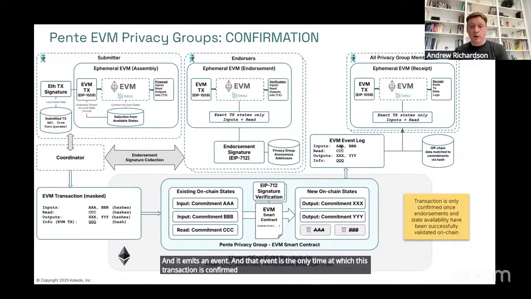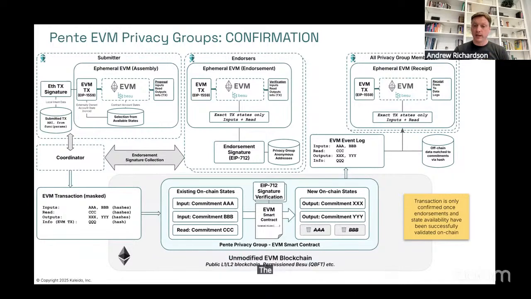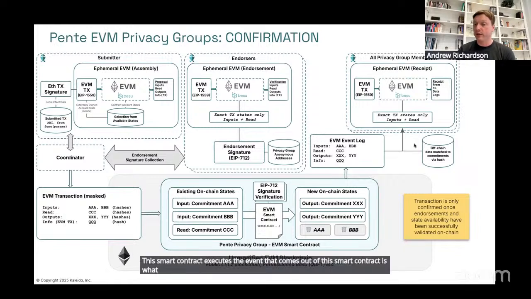So, unlike a lot of previous approaches to this, the blockchain is in control here. The blockchain is the source of truth. This smart contract executes. The event that comes out of this smart contract is what confirms for everybody the transaction. And actually, to generate the logs and all the traditional EVM smart contract stuff that comes out of an execution of an EVM smart contract, the receipts, etc., everybody runs it again at the end.